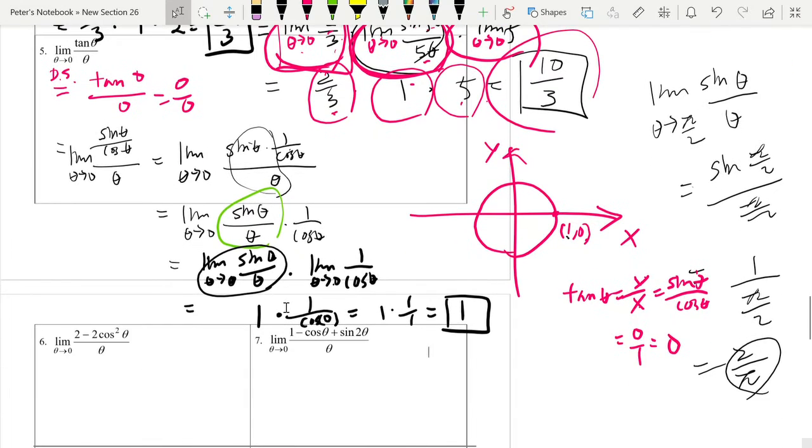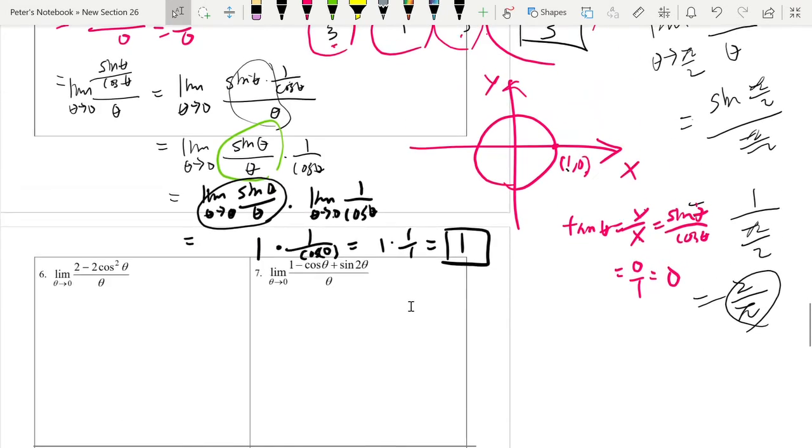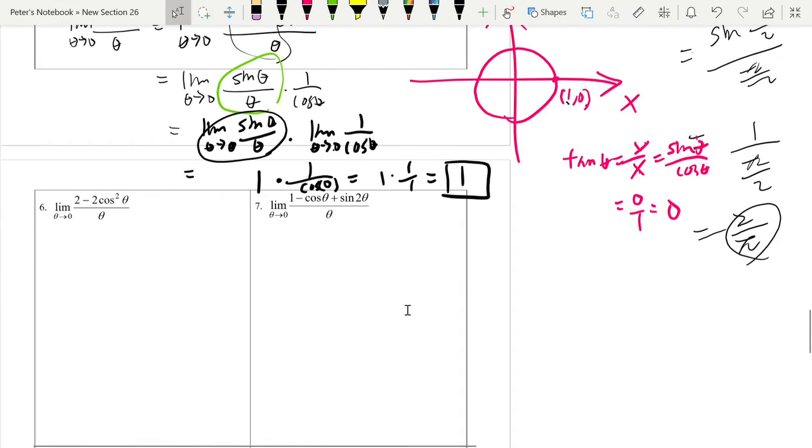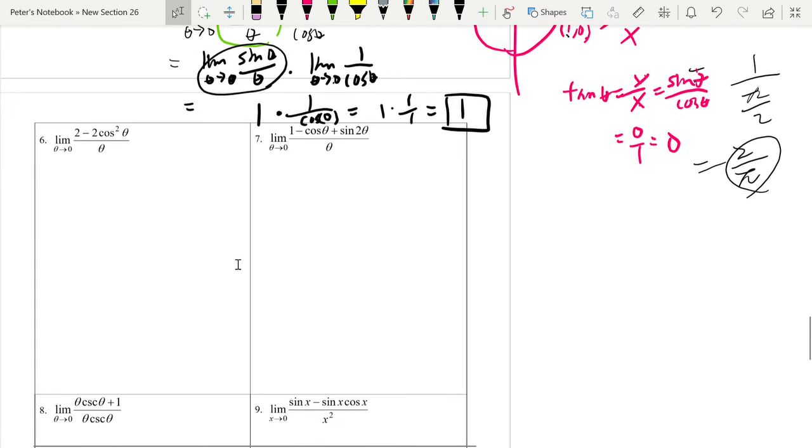Pretty cool, right? So it's equal to 1. So the graphical way is also another way to check whether you're approaching that value or not, checking your answer as well, like we're using multiple ways of approaching it.